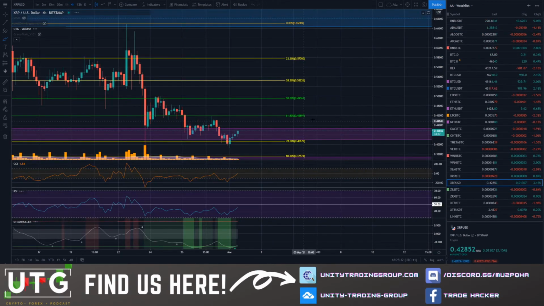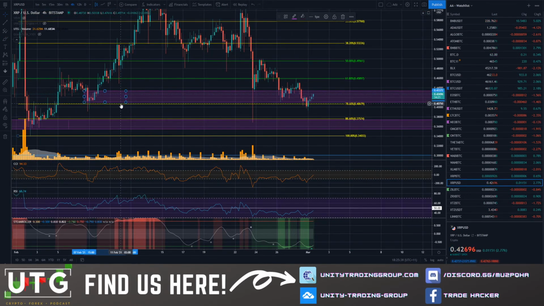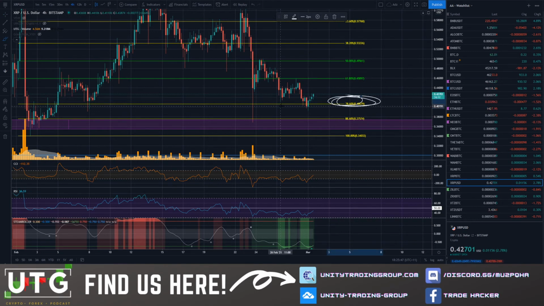XRP USD, another one that I look at quite often. So it hasn't fared as well as the other pairs. We did move through the current level of demand, so I'll get rid of that. We are looking at a relevant 78.6 fib bounce currently at the 40 cent mark, but not looking strong in any way, shape or form for XRP.